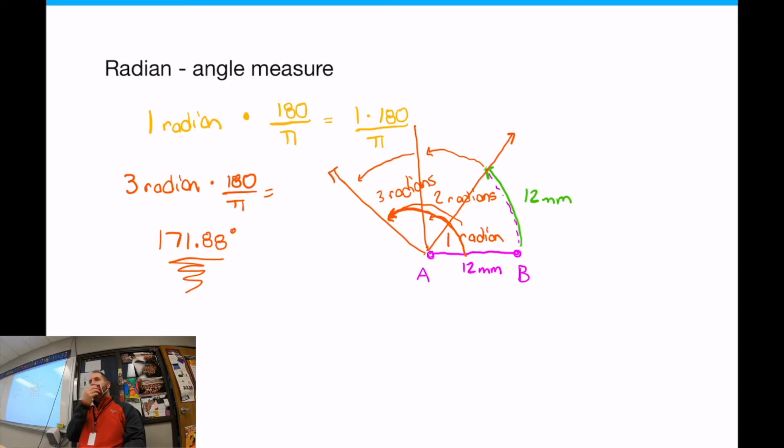So it's always going to be the same? Yeah, whatever, you're always going to use that 180 over pi because it always converts the same way. So that's how we convert it to degrees, or we go backwards. How does that always work out, though? Because shouldn't it change? Well, it's not always going to be at 171.